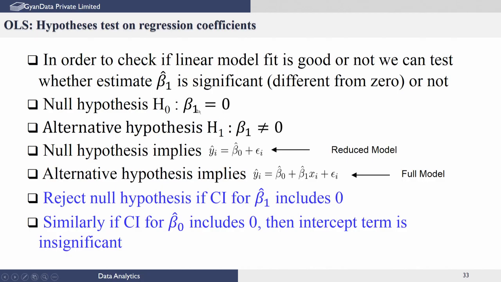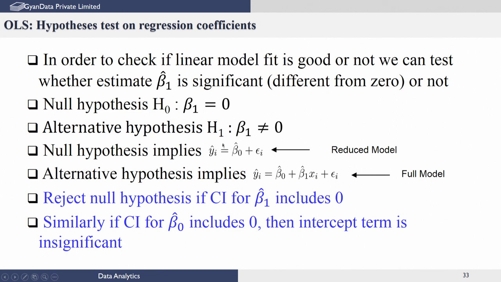So, this particular hypothesis test can also be reinterpreted: the null hypothesis implies beta 1 equal to 0, which means what we are doing is only a fit of yi equal to a constant, whereas if we reject the null hypothesis, then we are actually fitting a linear model with beta naught and beta 1 present.